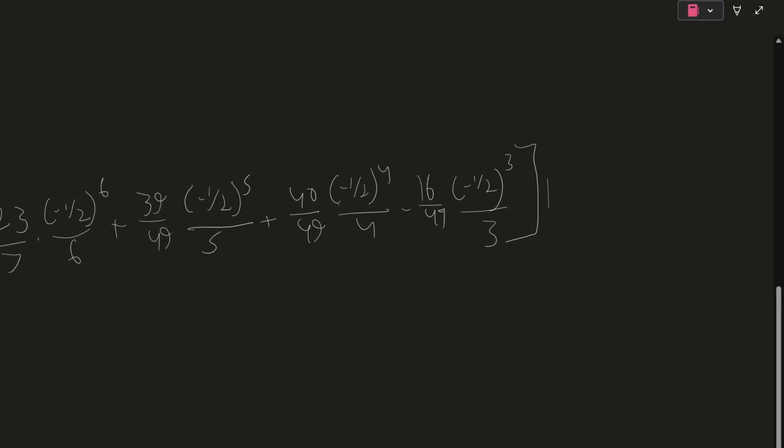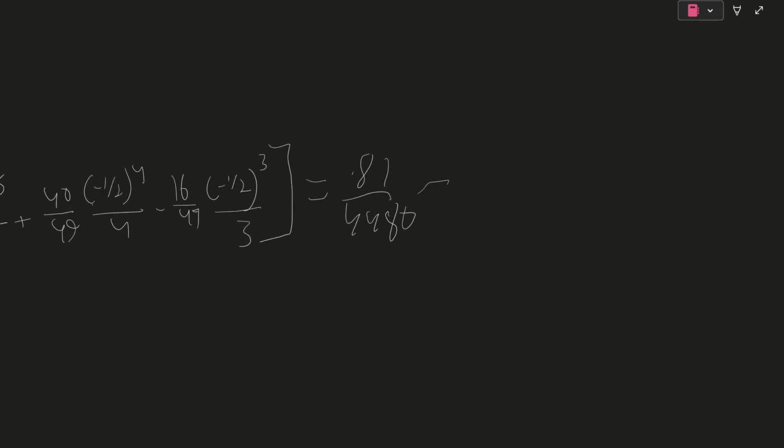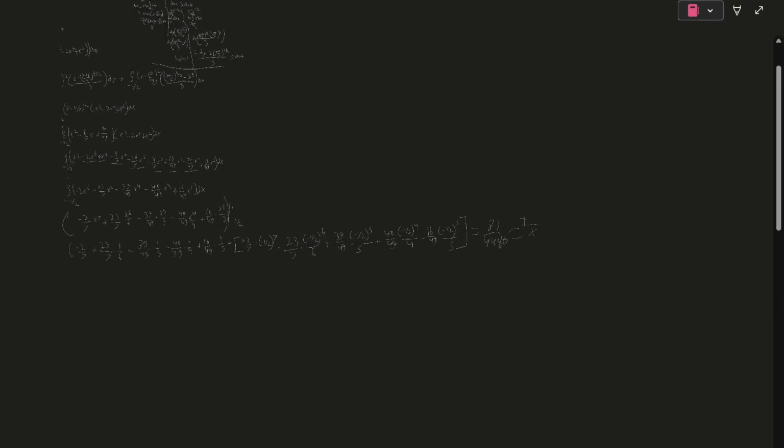And for this, we end up getting 81 over 4,408. And that is equal to our moment of inertia about the x-axis, or about our x value for center of mass.